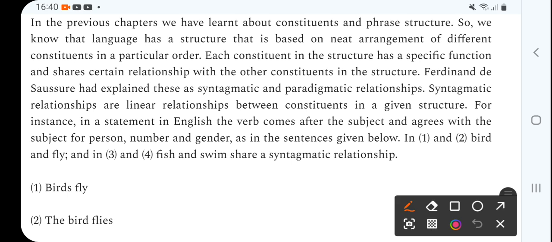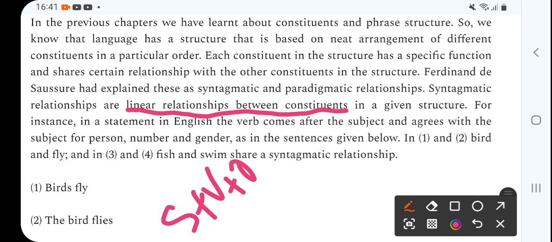It is a linear relationship between constituents in a given structure. For example, in a statement in English, the verb comes after the subject: subject, then verb, then object. So the verb comes after the subject and agrees with the subject.